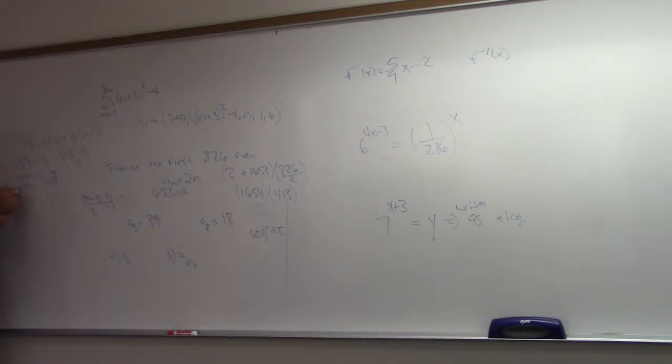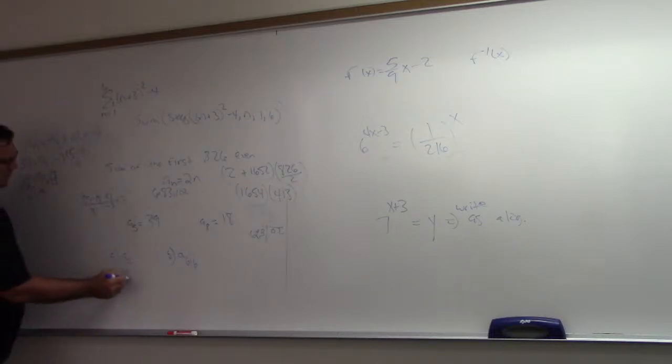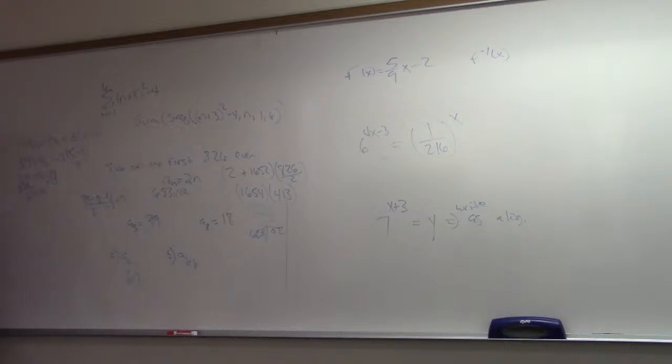Add 28. 67 is equal to A1. So if 67 is A1, then A2 must be 60.